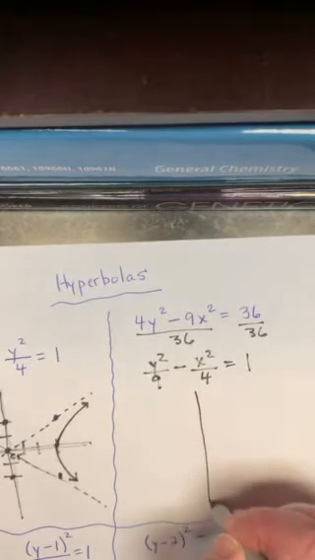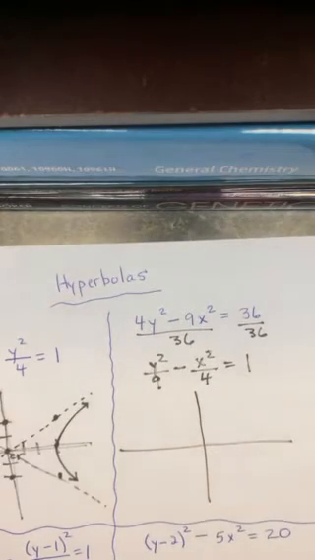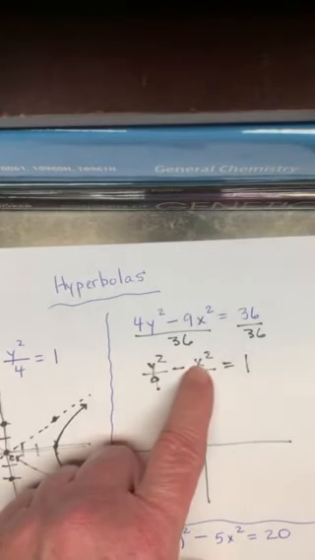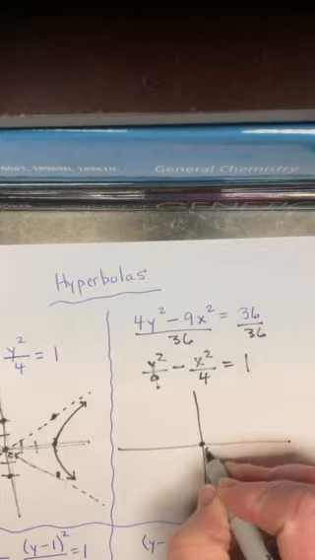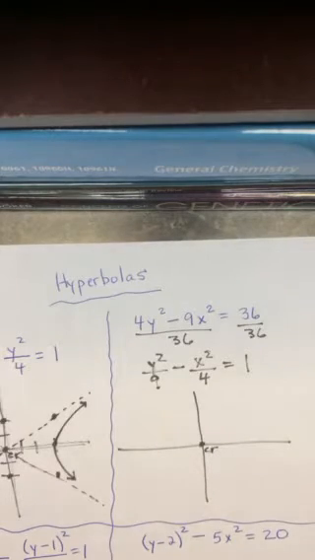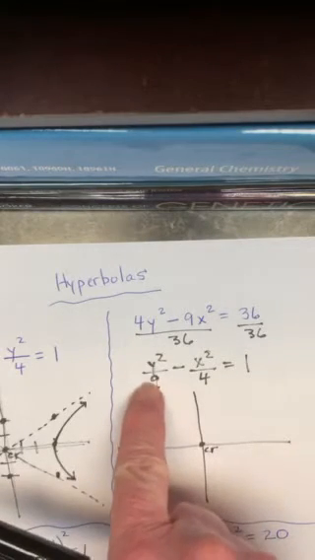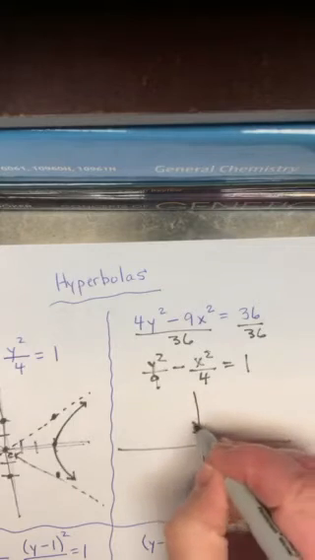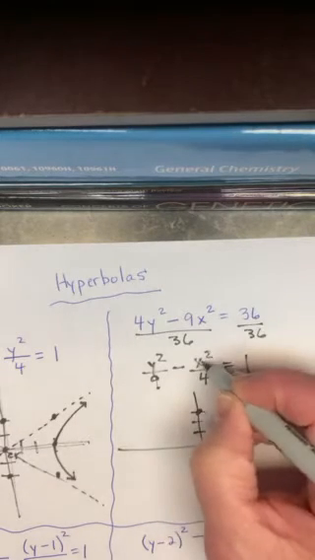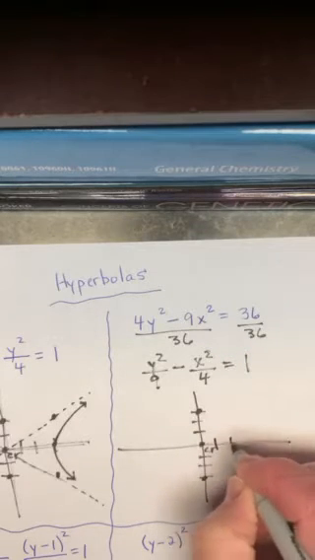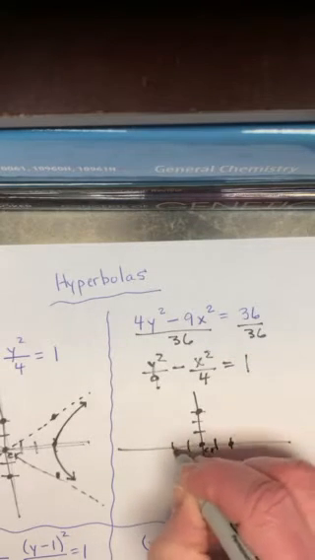So real quick, when I go to draw my coordinate system, notice it's plain old x squared, plain old y squared. So again, we'll start with the dot on the origin as our center. Notice the y squared has a 9 under it this time. So I'm going to go up 3, down 3. The x squared has a 4 under it. So I'm going to go right 2, left 2.